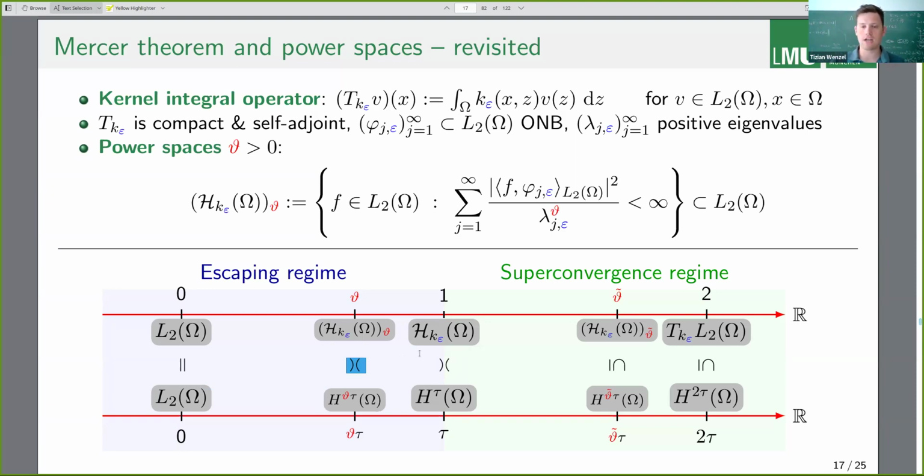But what is changing is on the right-hand side. Because on the right-hand side here, we have this image of the integral operator. And what is important here is that our integral operator now depends on the shape parameter, and therefore this space here depends on the shape parameter. So we still have that our space is a subspace of the Sobolev space with smoothness 2 tau, but what is changing is what kind of subspace we have here.